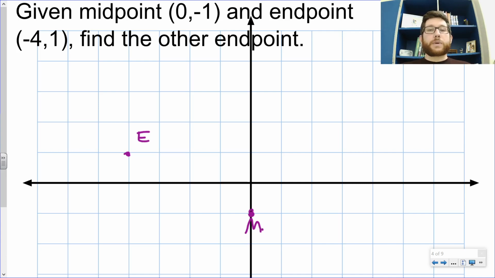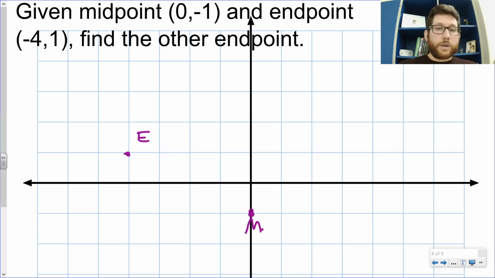Think of it like a 4-hour car drive heading west. Say you go 2 hours and you stop. Now you're at the midpoint, and you still need to do another 2 hours continuing west. Same thing here. Whatever we did in the first half, from the endpoint to the midpoint, if I duplicate that, I can find my second endpoint.